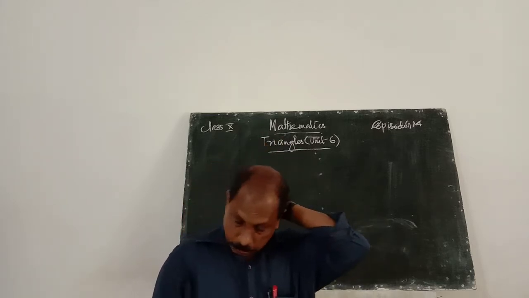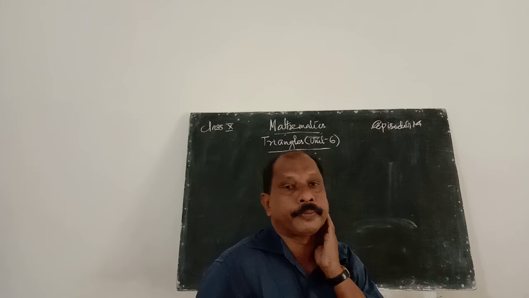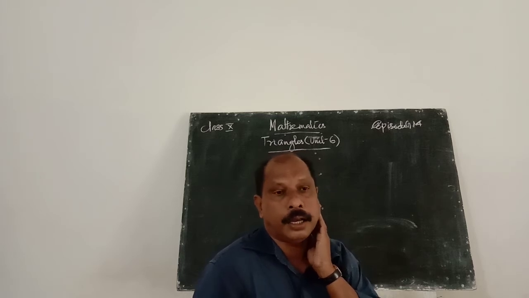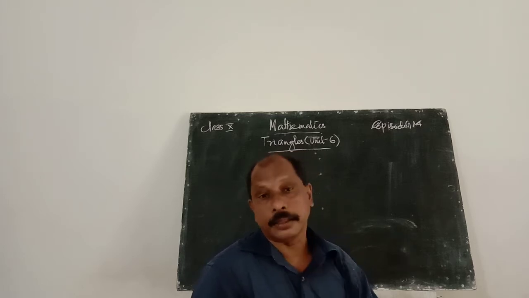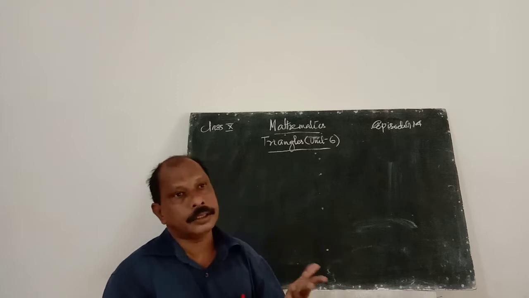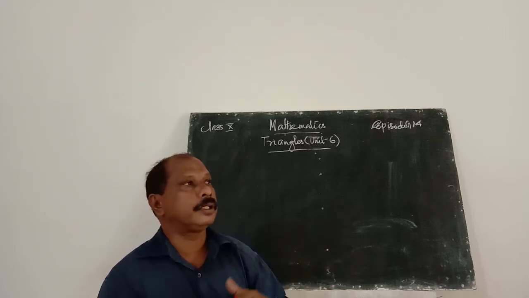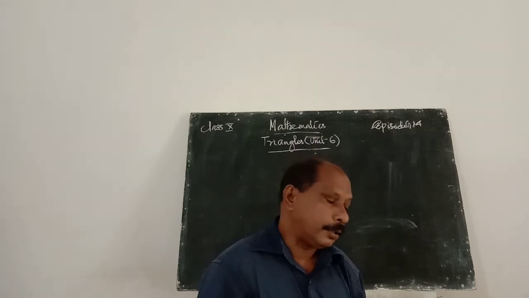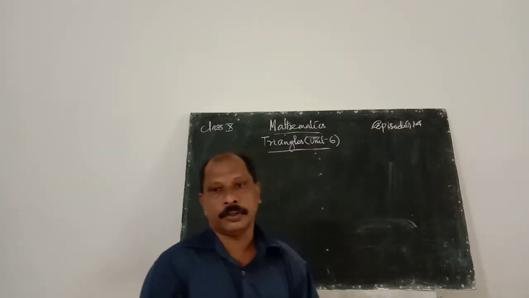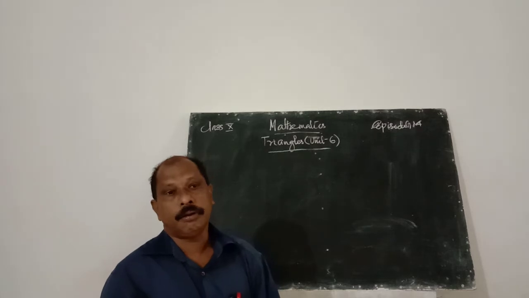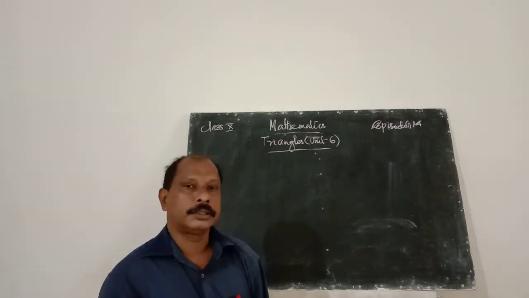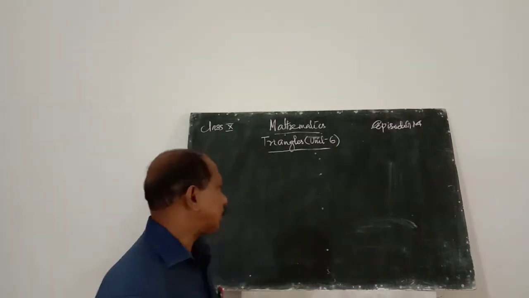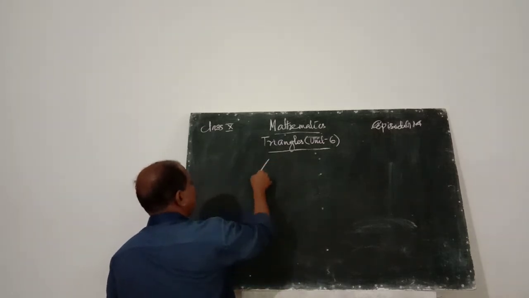Each angle is equal to 60 degrees. In a right angle triangle, if one angle other than 90 is 30 degrees, the other is 60 degrees. If one angle is 45 degrees, the other is also 45 degrees. Then, in this chapter, let us discuss all the properties of triangles, and also, for example, let us consider 2 triangles.